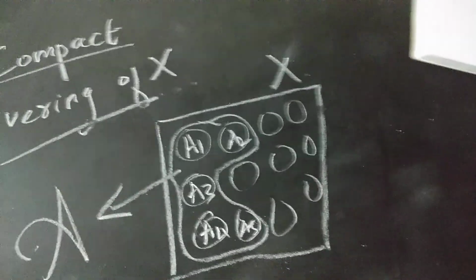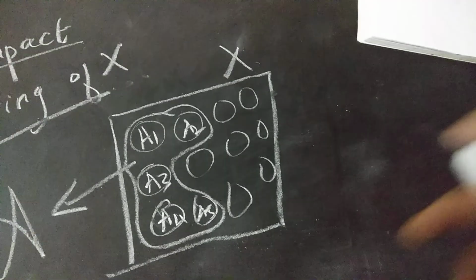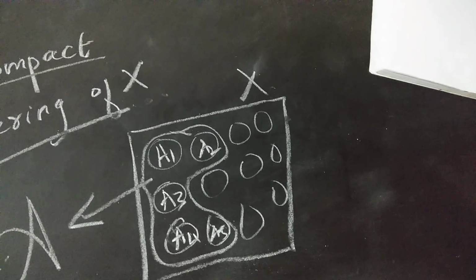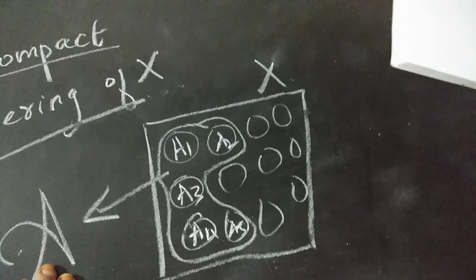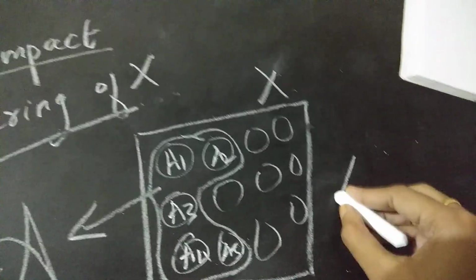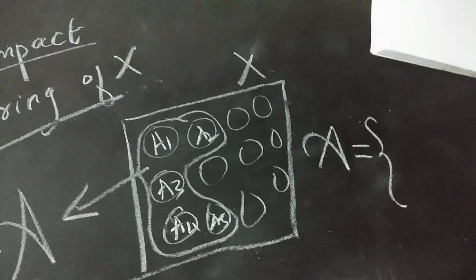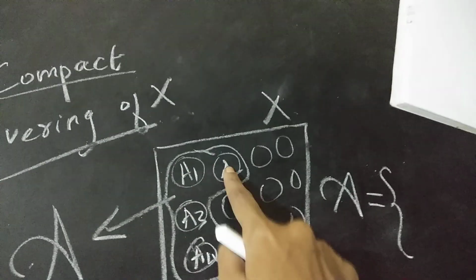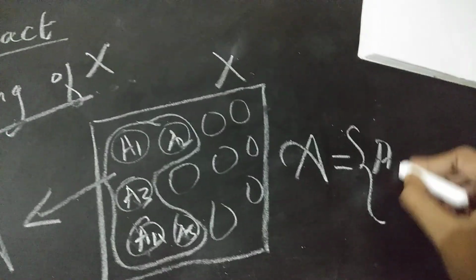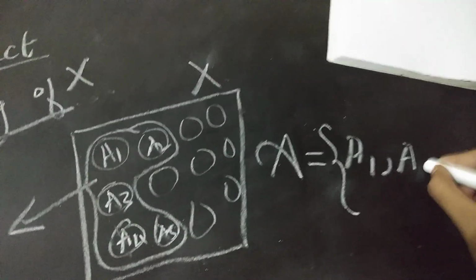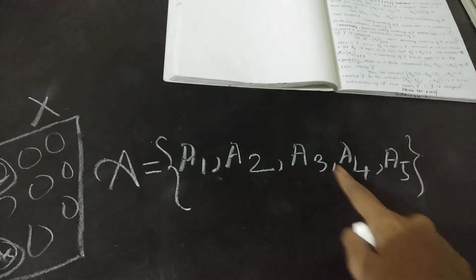What I am going to do is find the union of all the elements present in this script A. Inside this script A you have elements. These are the elements present in this script A: A1, A2, A3, A4, A5.